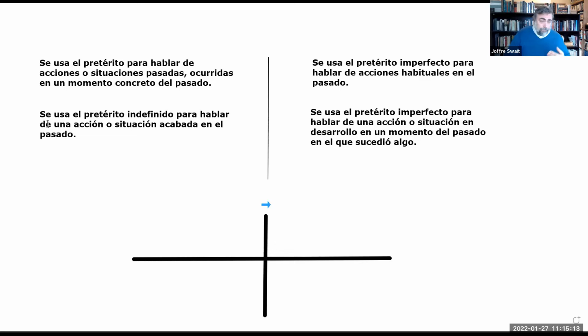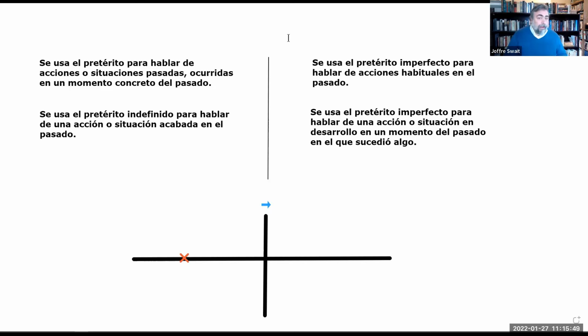Entonces, hablando del pretérito, se usa el pretérito para hablar de acciones o situaciones pasadas, ¿ok? Y no solo pasadas, pero de un momento concreto, ¿no?